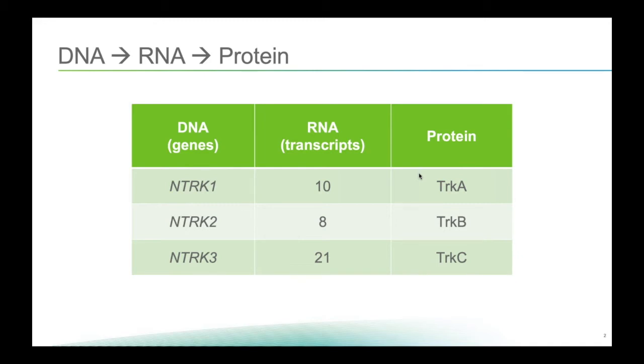NTRK1, for example, will give us 10 different RNA transcripts, and the eventual output would be a TRKA. 8 transcripts for NTRK2 and 21 transcripts for the 3rd gene. So it will be a very essential idea here that will go with us through the slides to understand what we see here, because some of the tests will be used at the DNA level, others at RNA, and some will be on the protein level. They will have very different characteristics.